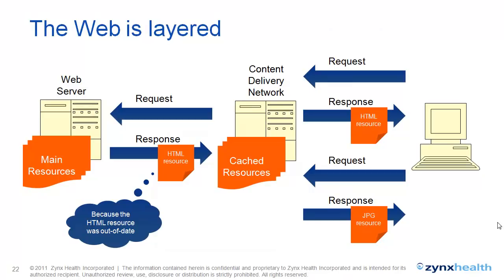Another important architectural characteristic of the web and of HTTP is that it is layered. Because the uniform interface isolates client from server, the client doesn't really know whether it's talking directly to an actual web server containing the resources that it's interested in, or whether there is an intermediary. And of course, on the real web, there are all sorts of intermediaries.